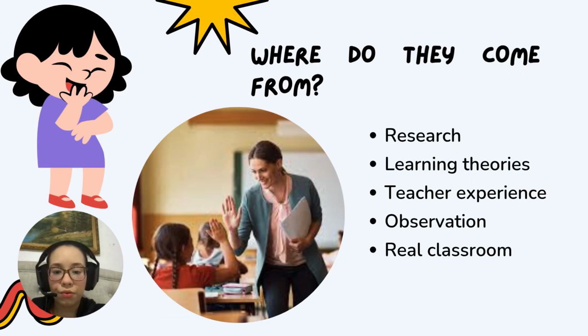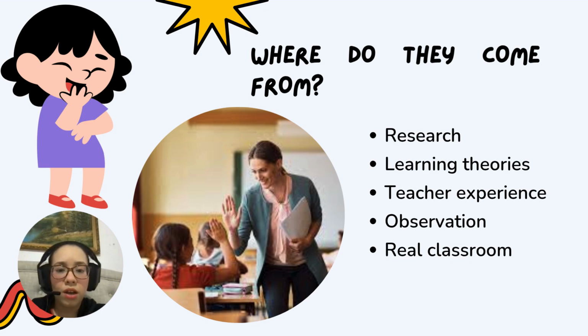Where do they come from? According to the text, the principles come from several different sources, not just one. First, they come from research about how people learn languages, which provides useful information about effective teaching. They are also based on learning theories, which explain how students understand and process new information.